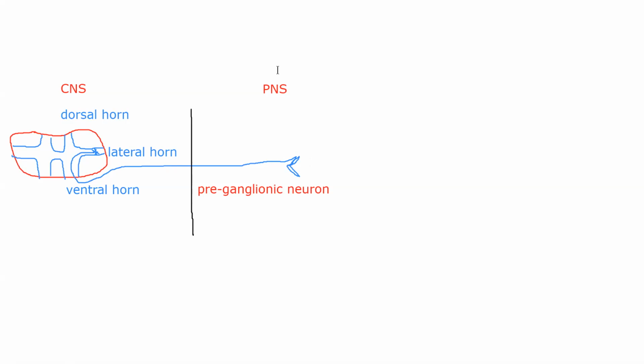So we then synapse onto another neuron, and this is our postganglionic neuron. We have this second neuron here, which goes all the way out to our effector tissues. Okay, and this is our post-ganglionic neuron.